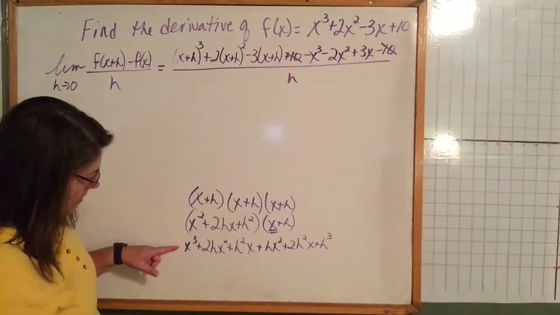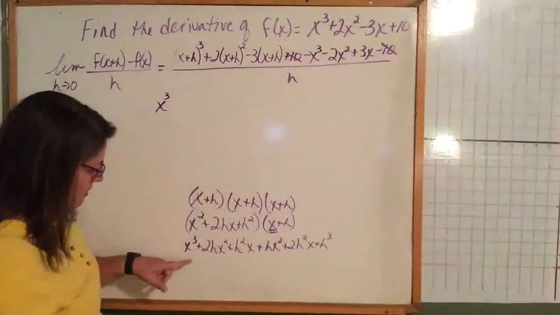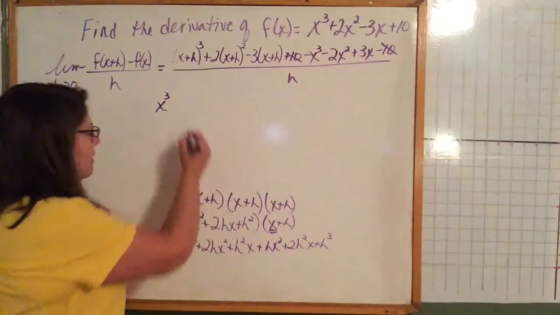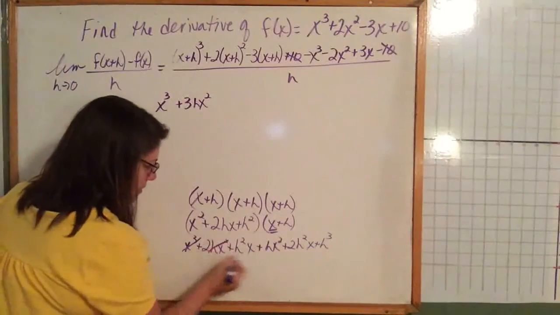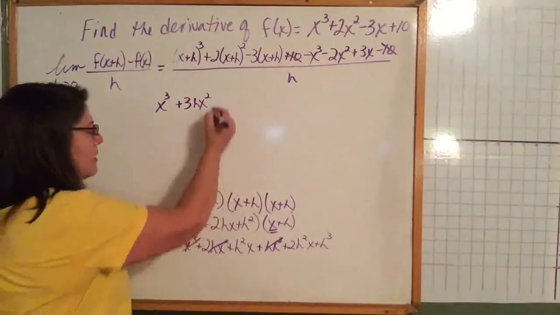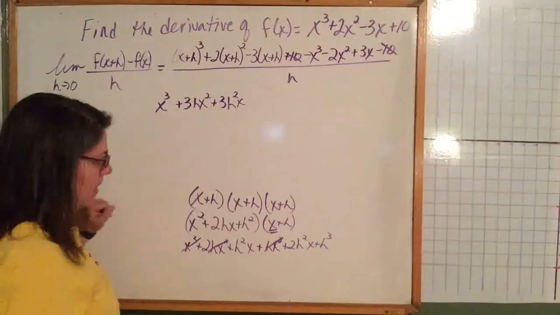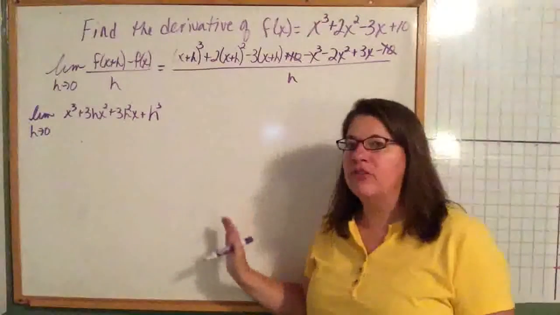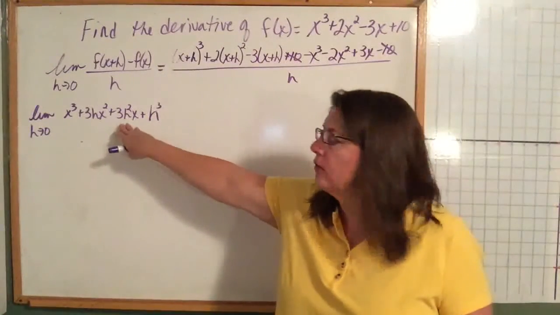So let's see, x cubed plus 2hx squared plus hx squared is 3hx squared. I'm going to mark these out as I go. h squared x plus 2h squared x is 3h squared x. And then I've got the plus h cubed. So I went ahead and erased my work and moved what I got for the cube over here.